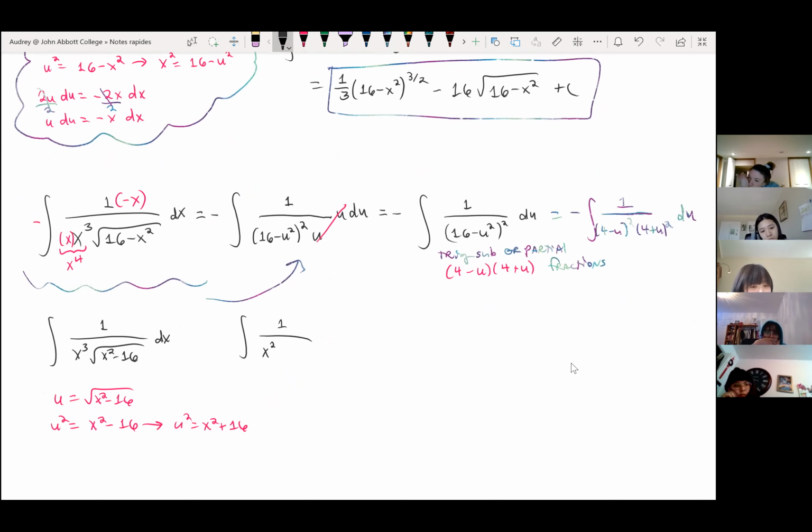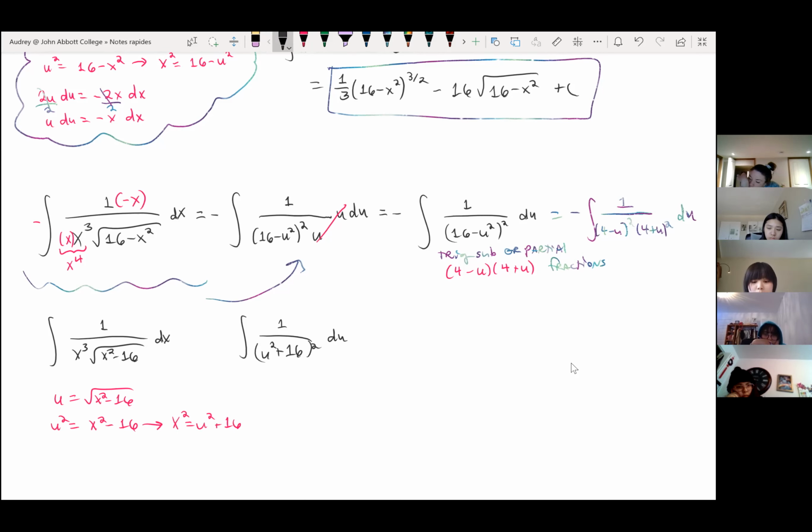Oh my gosh, I'm trying to go through this too fast. Okay. x squared is equal to u squared plus 16. So in other words, instead of having 16 minus x squared under my square root, I had x squared minus 16, this is what I would end up with.